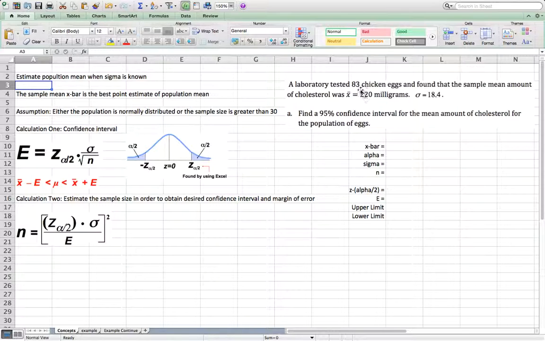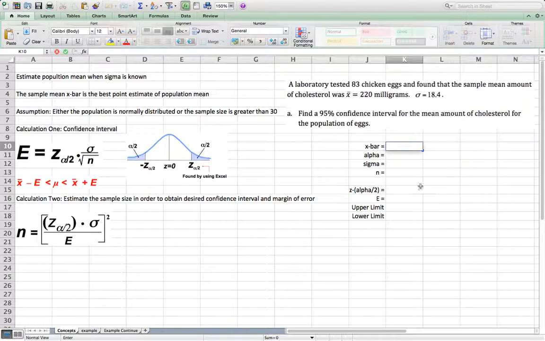A laboratory tested 83 chicken eggs and found that the sample mean amount of cholesterol was 220 milligrams. Sigma, suppose, is 18.4. Now we are asked to find a 95% confidence interval for the mean amount of cholesterol for the population of eggs.